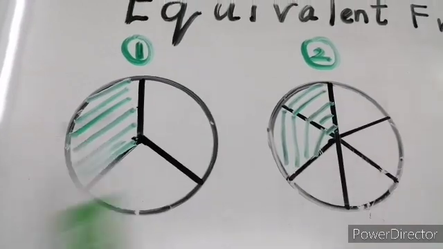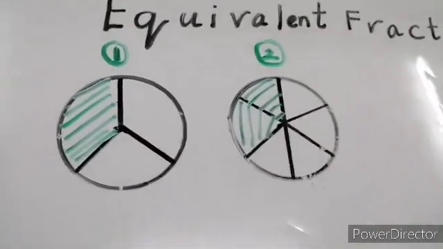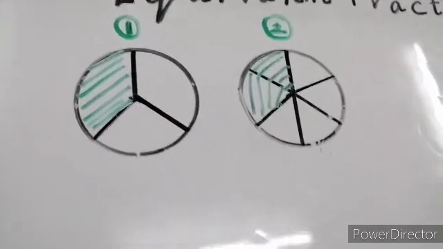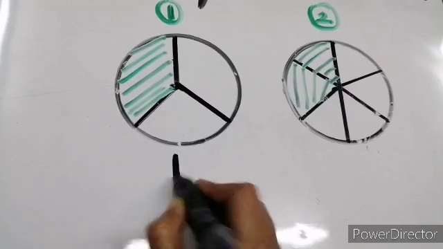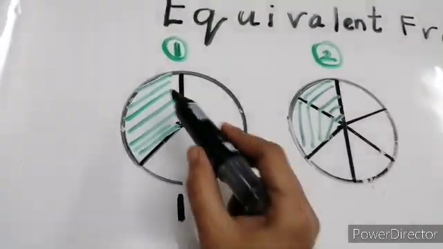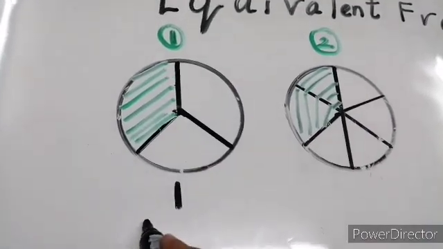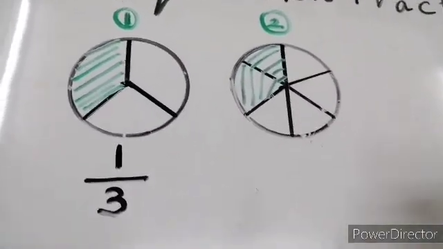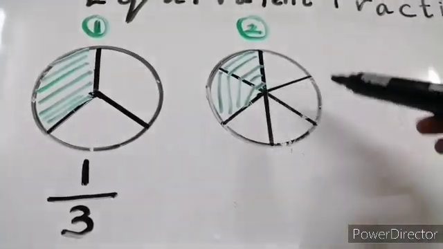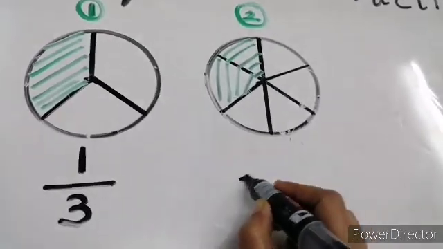Right? Now let's try to write the fractions for these two. See here, there is one shaded part. So 1 in the numerator, and there are 3 equal parts. 1, 2, 3. The whole is divided into 3 equal parts. 1 by 3. The whole is divided into 1, 2, 3, 4, 5, 6 equal parts.